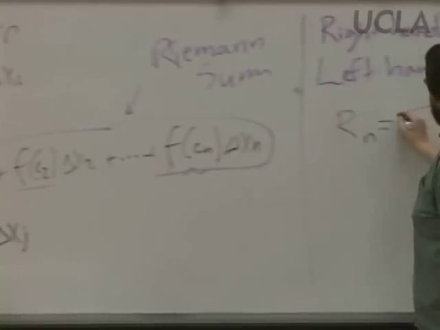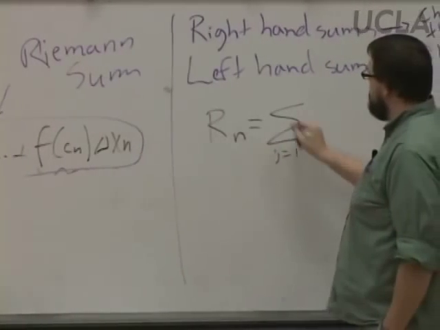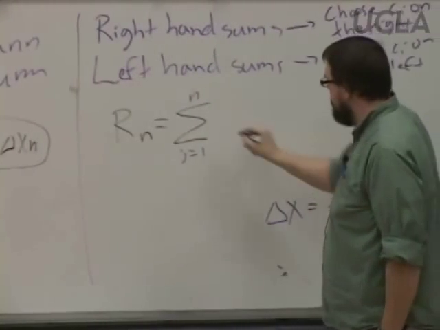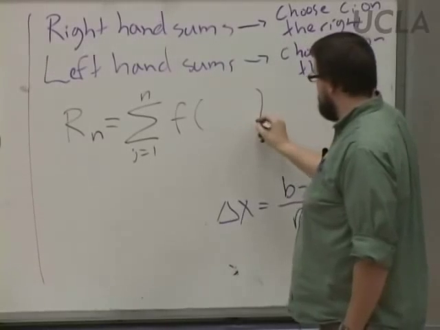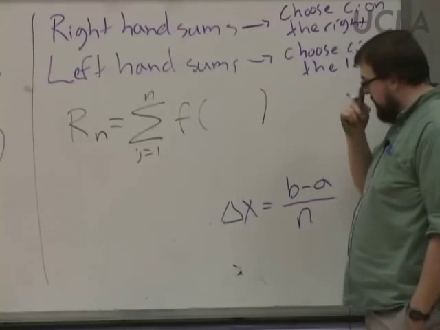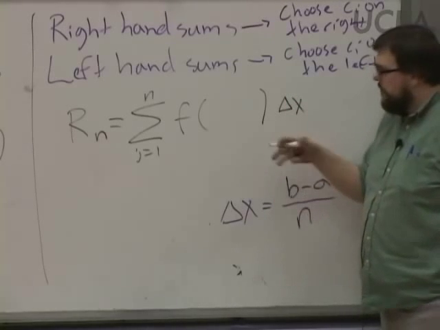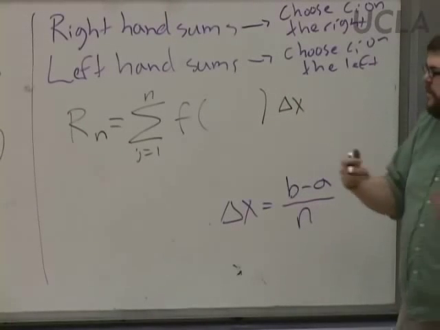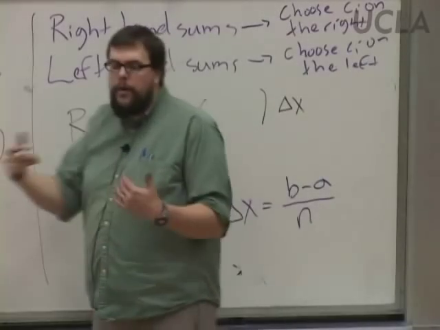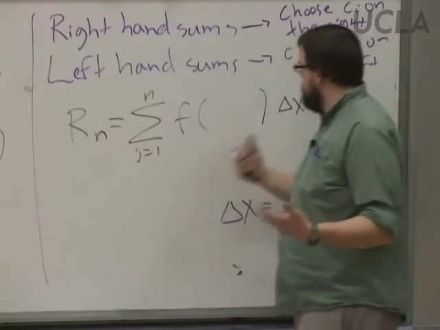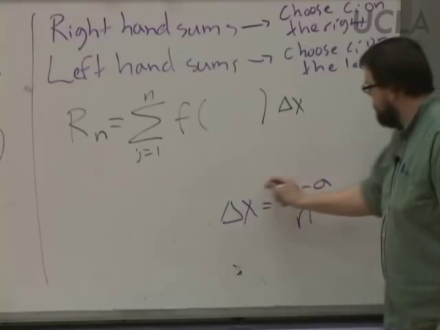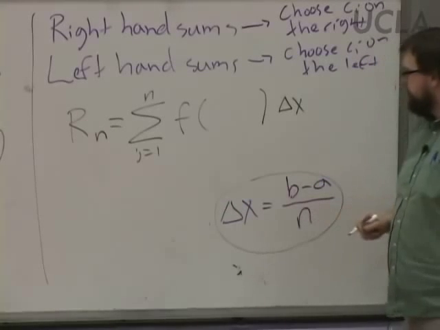So it's the sum, j equals 1 to n, of f of something, I'll go into that in a second, times delta x. And delta x no longer really depends on j. Delta x_j is always going to be the exact same thing, so we simply call it delta x, where delta x is (b minus a) over n.